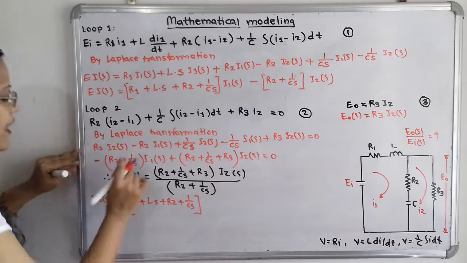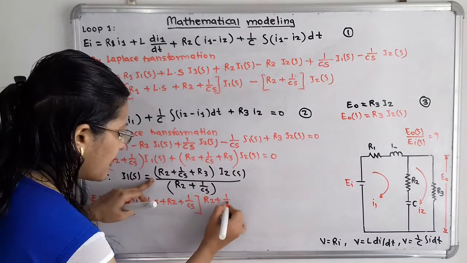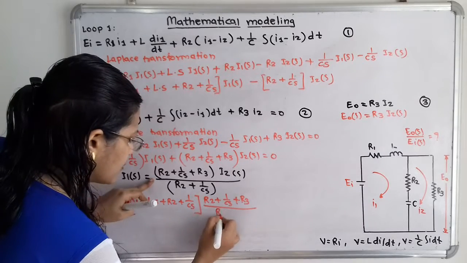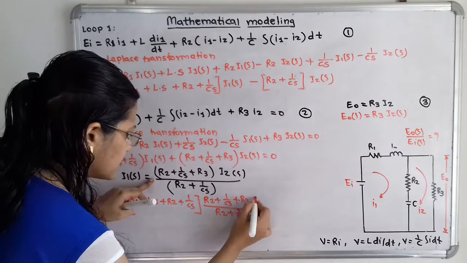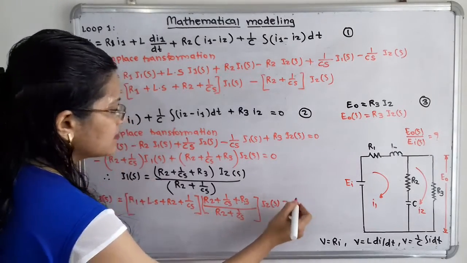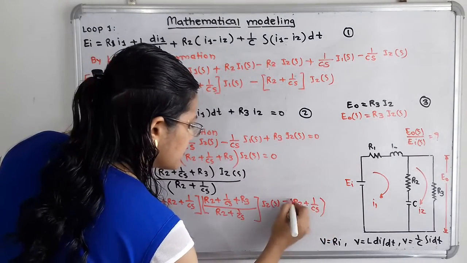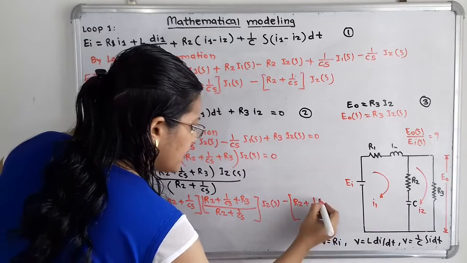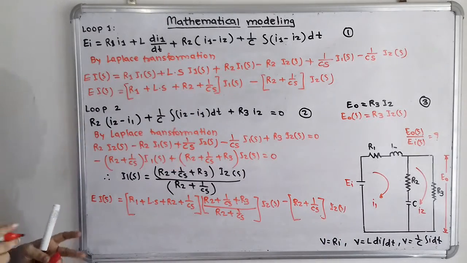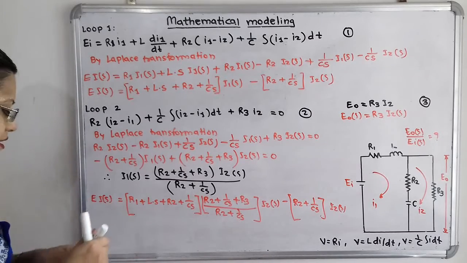Now instead of I1 of S I have to write this, R2 plus 1 by Cs plus R3 divided by R2 plus 1 by Cs, I2 of S, minus R2 plus 1 by Cs, I will use a square bracket here, and I2 of S. Now this I2 of S we can take as a common term.